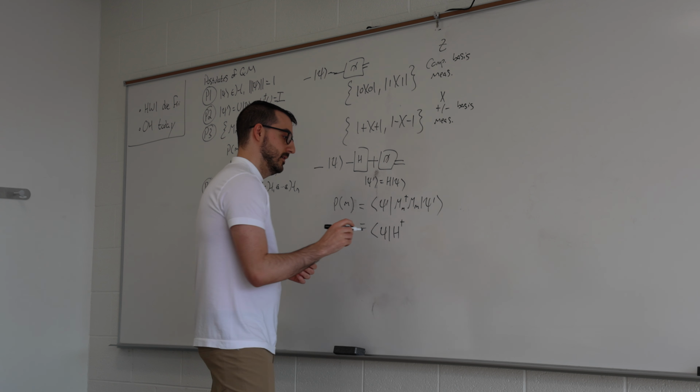It's Hermitian. Plus, and then the state psi. So look what we have in parentheses here. This is exactly the projective measurement operator that I wanted in this measurement. Okay? So you should be able to show, using the same reasoning, that the probability of getting outcome 1 is psi, projector onto the minus state, psi.